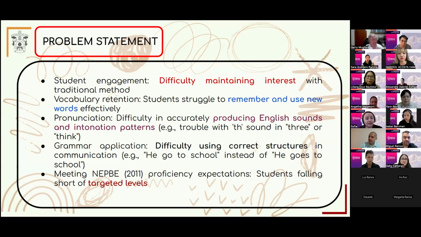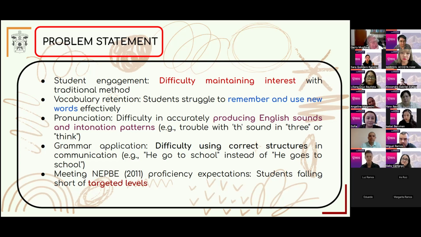Now let's take a look at the problems that we are addressing. Student engagement is the key issue. We have had difficulty maintaining their interest in learning English using traditional methods. We often use only textbooks.